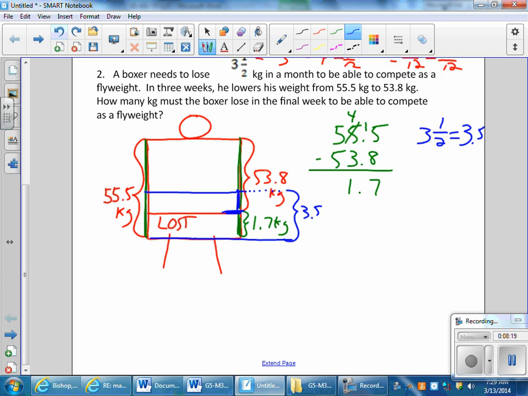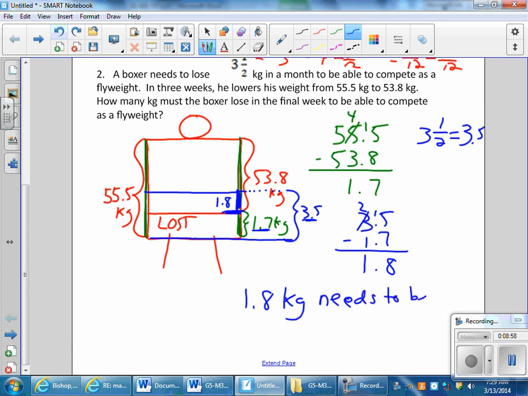So this space in my diagram represents what he still needs to lose. 3.5 and 1.7. If I take the difference between the two, I'll find that space. The boxer still needs to lose 1.8 kilograms. Final answer.